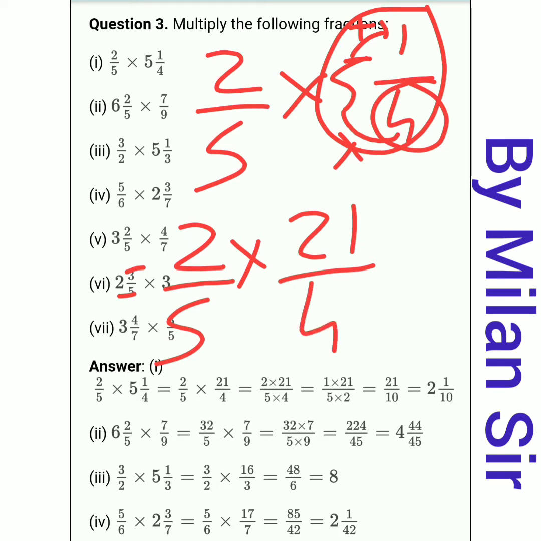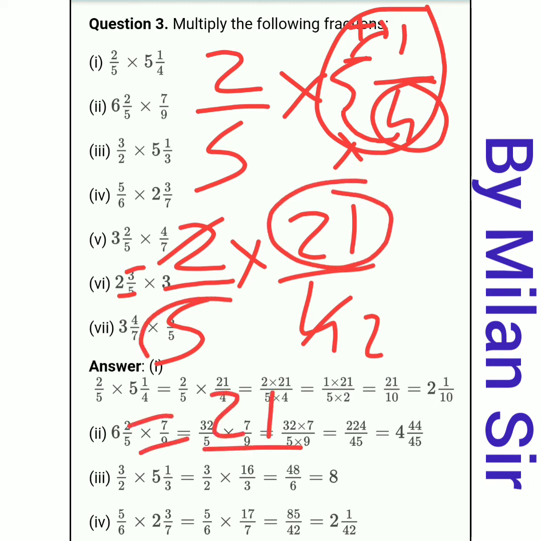Now here we can do the simplification, 2 to the 4. In numerator 21 and denominator 5 2s are 10. So 21 by 10.